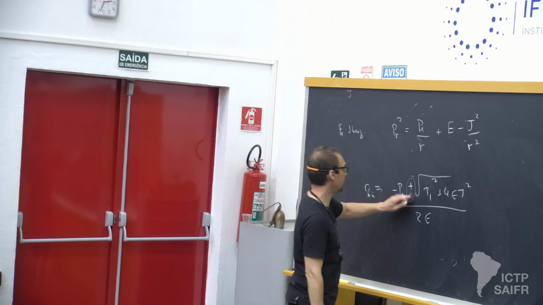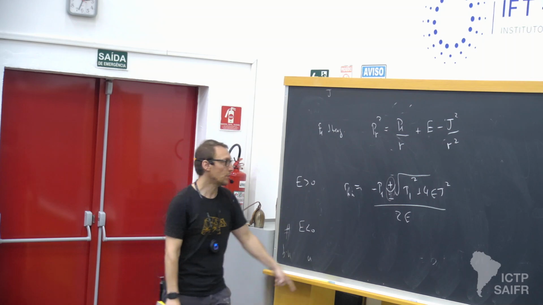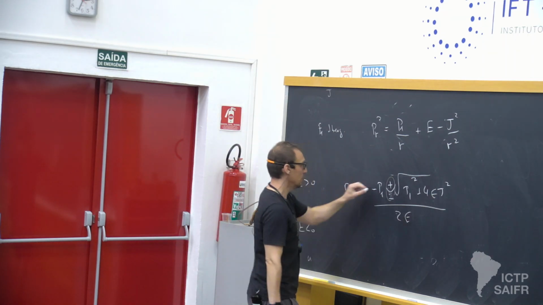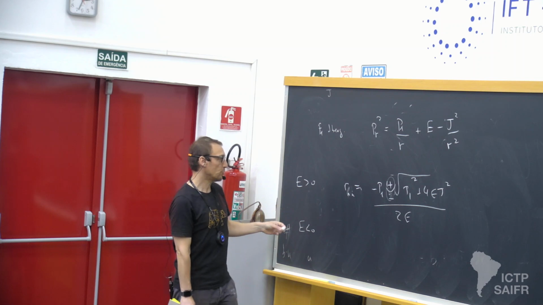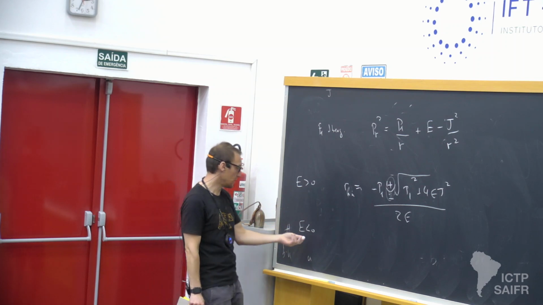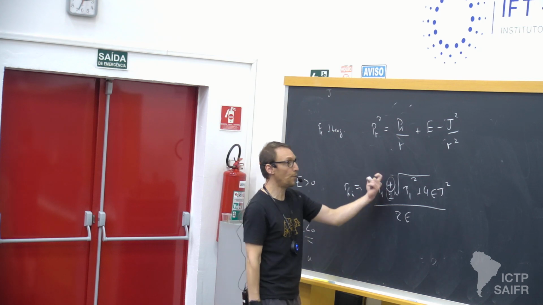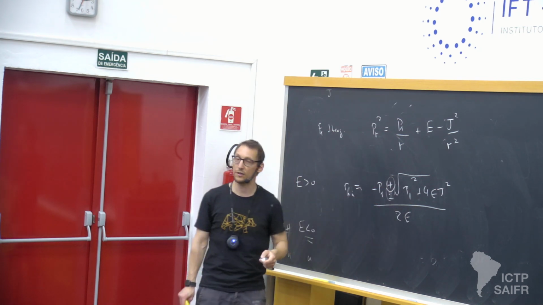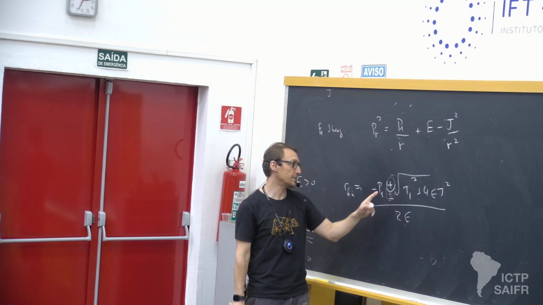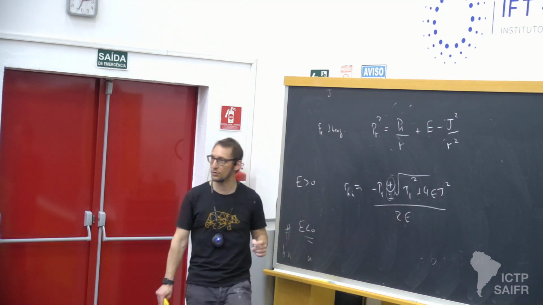So r min will pick the plus sign and not the minus sign, because the E is positive. The other solution will be negative. I just want to do this quickly because I don't have time, because then you see when you flip the sign of the energy that you can get both now, because then you flip in here and then you can either go one way or the other. This flip sign, so you get plus, and then minus plus something smaller, it gives you the two solutions.